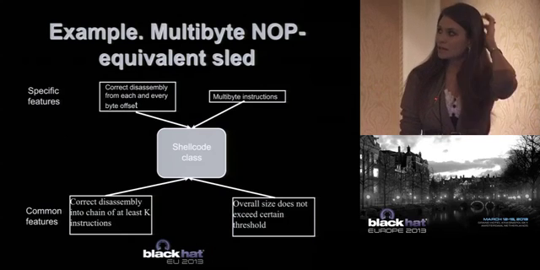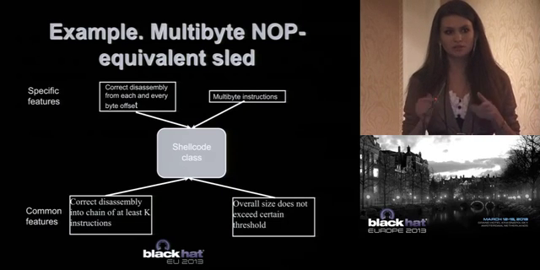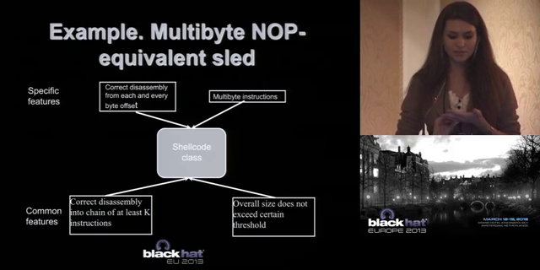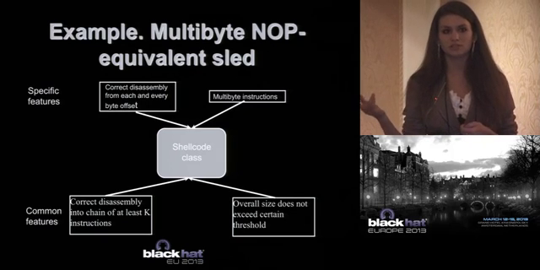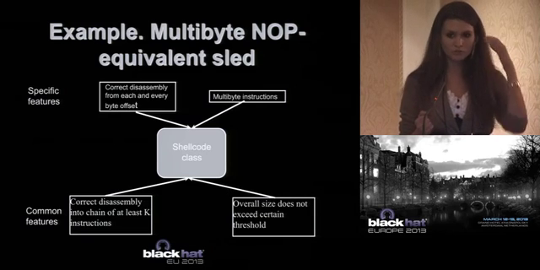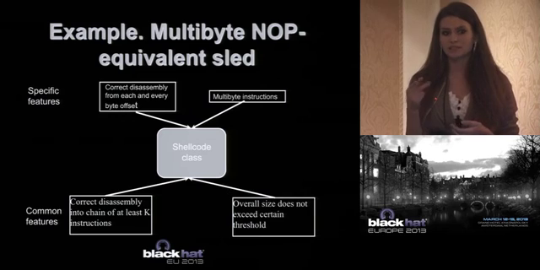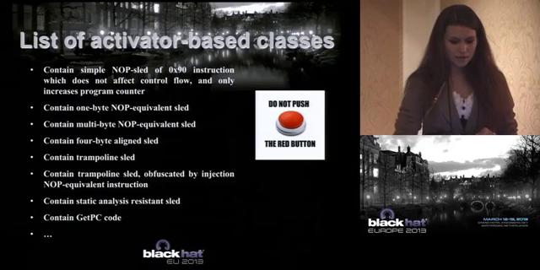We also require that such shellcodes be correctly disassembled from each and every byte of the sled, because if we put our control flow on the wrong byte of the sled, we should be certain that we will reach the malicious payload correctly.